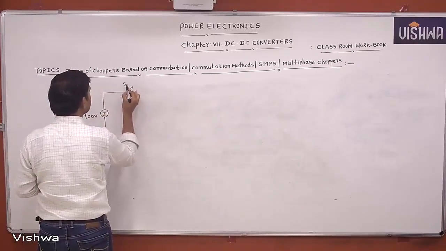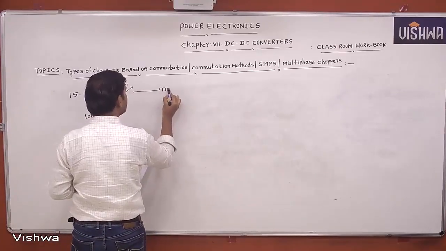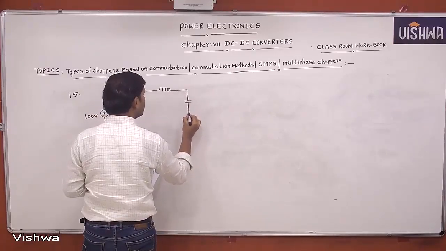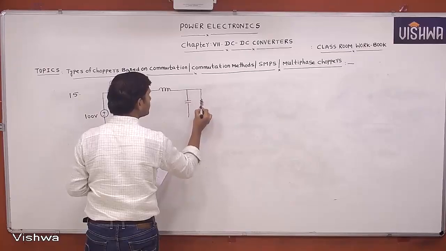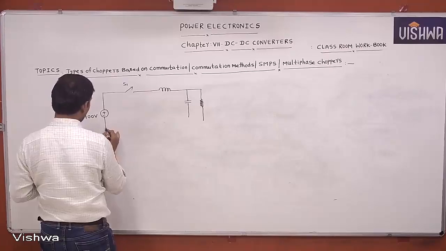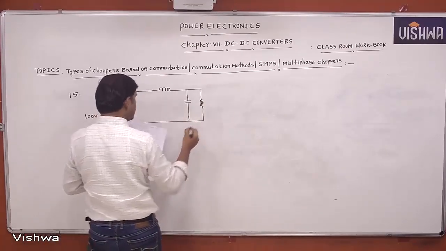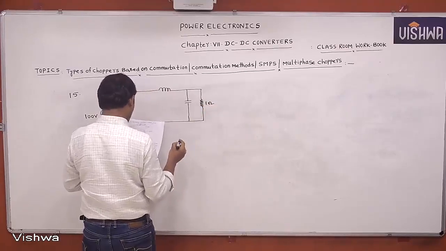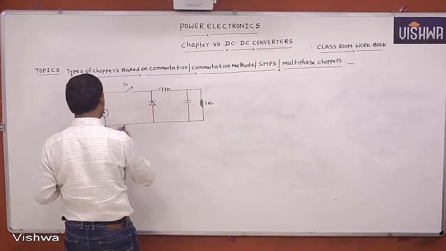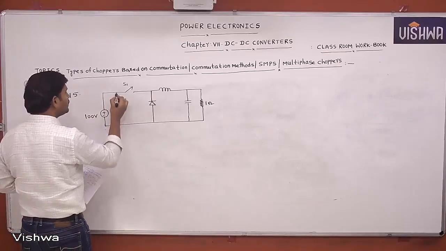Let this be switch S1. Given this inductor, this capacitor, and this is the resistance. This resistance is 1 ohm. And this diode is connected like this. Then another switch is connected like this.